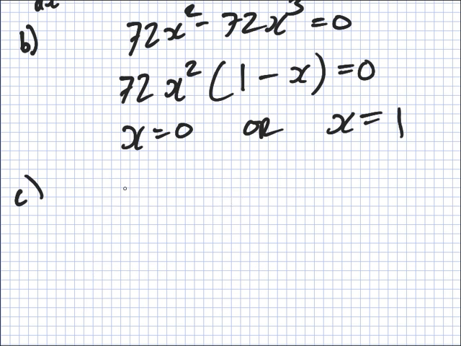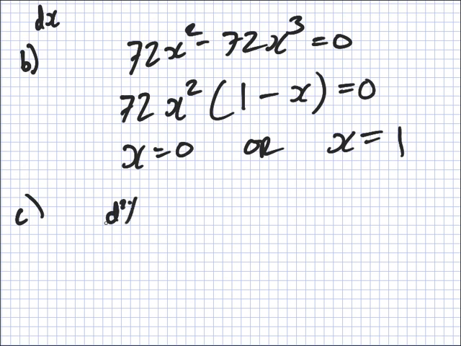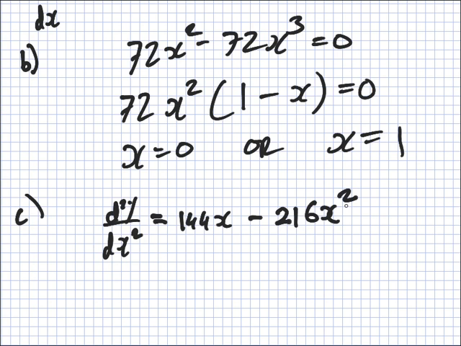Let's get the second derivative now. Yeah, we need the second derivative. The second derivative is 144x minus 216x squared. Now, what happens if we put in 0 here for x?